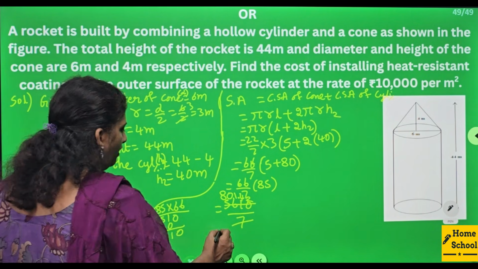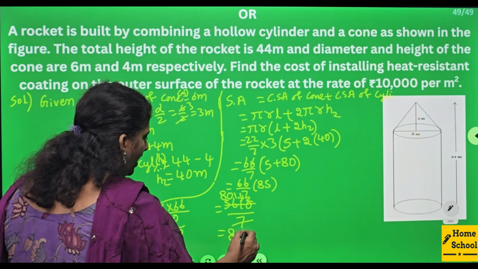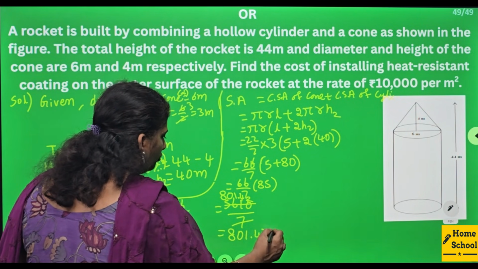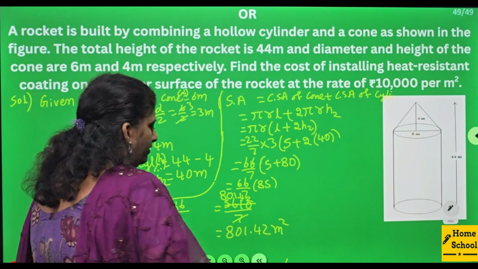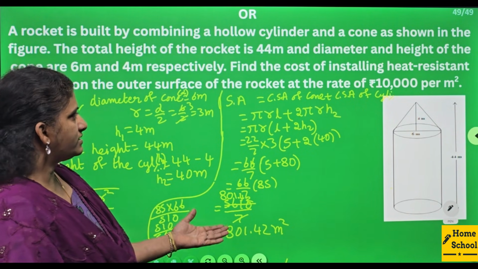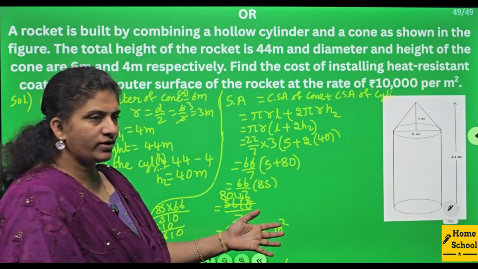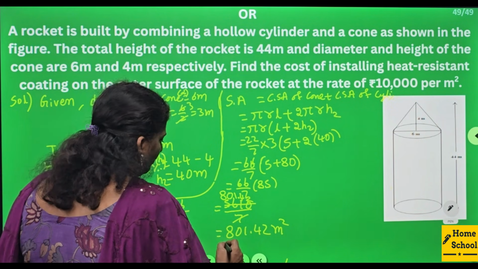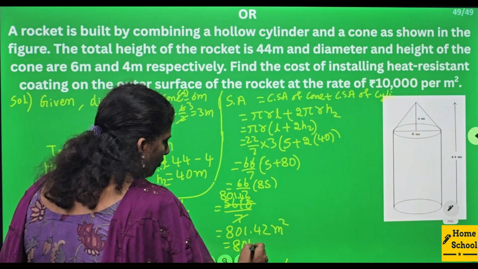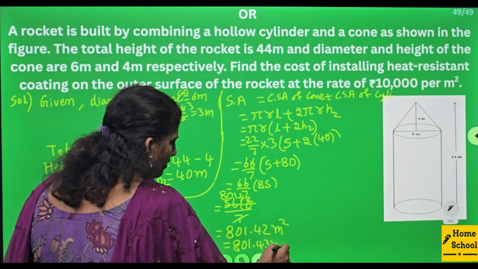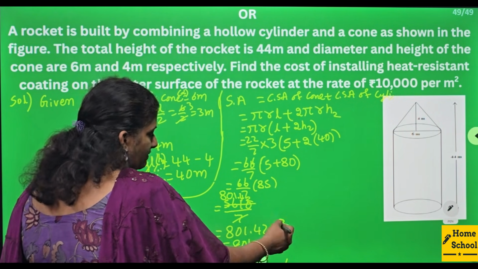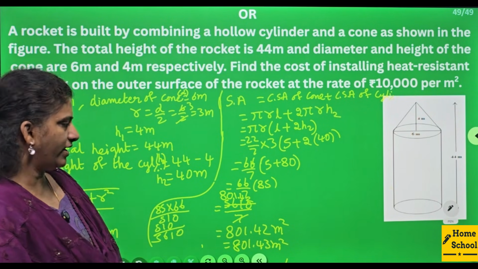Let me stop here. 801.42 meter square. Right? This is the surface area of the rocket. Or else you can approximate it to 801.43 meter square. Approximate number. Here the decimal continues, right? This also you can end up.